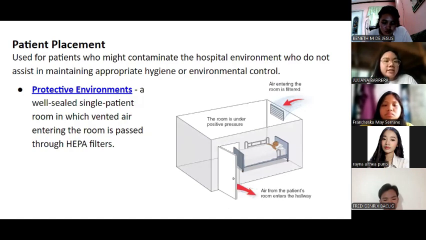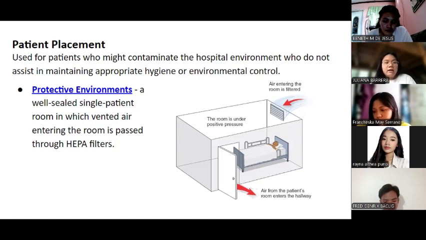For protective environments naman, this is sometimes referred to as protective isolation or positive pressure isolation. It is a well-sealed single patient room in which vented air entering the room is passed through HEPA filters. The room is under positive pressure to prevent corridor air from entering when the door is open.